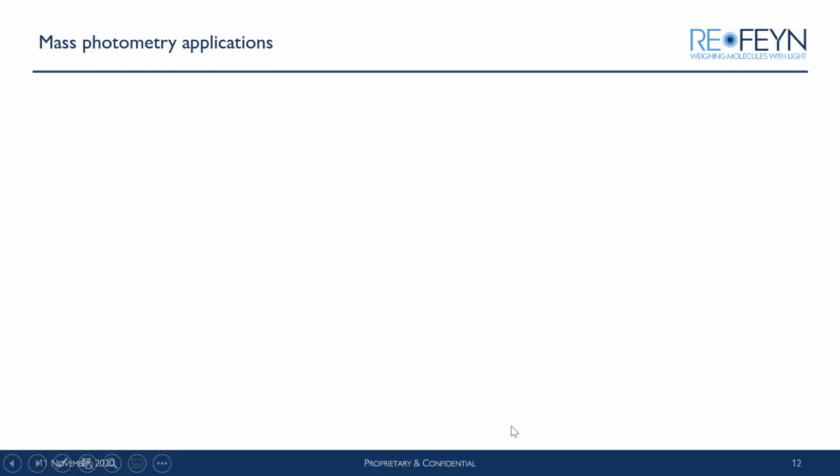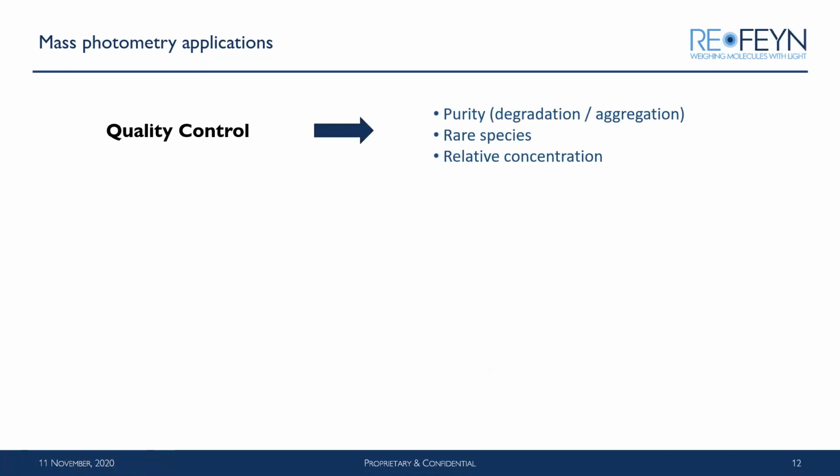So some ideas about the application of mass photometry. The most, I would say, straightforward and easy is the quality control. Basically, the purity of the sample. Is there any degradation? Is there any aggregation in the sample?